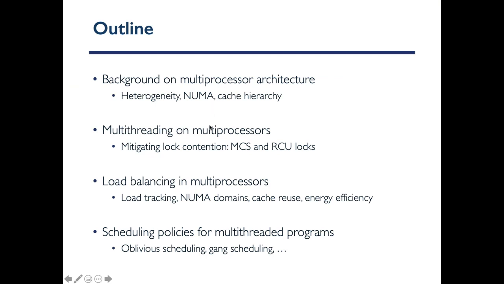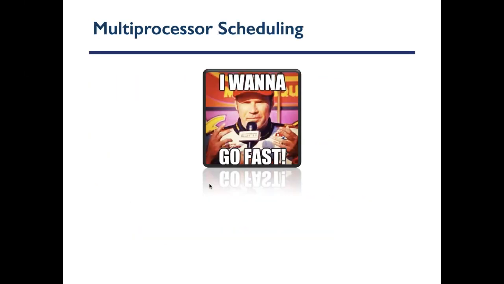Then we'll talk about multi-threading on multiprocessors. Then we start talking about the scheduling policies that you could have with multi-threaded applications and also multiprocessing applications. Okay, so let's get started.